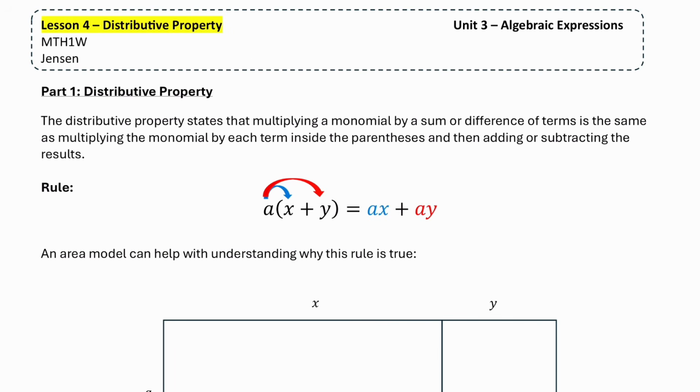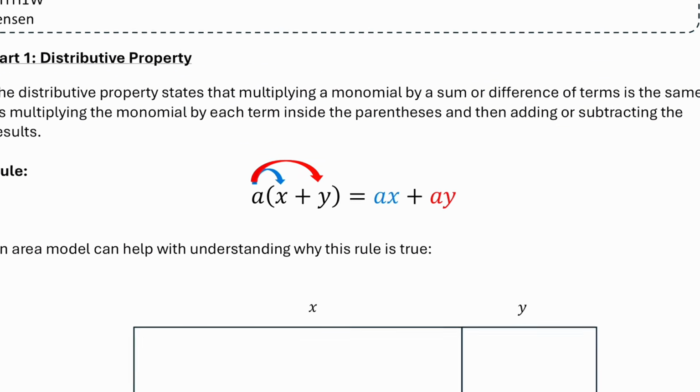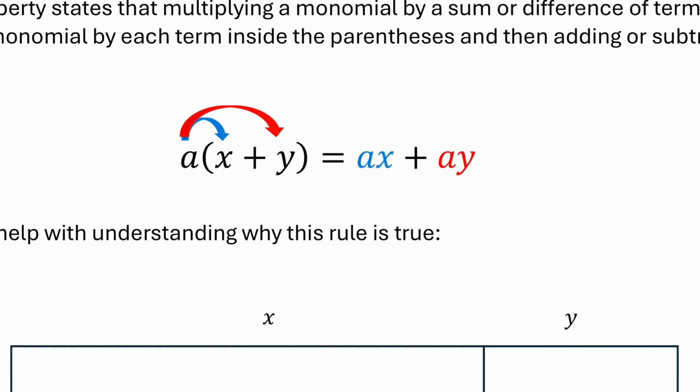The distributive property states that multiplying a monomial by a sum or difference of terms is the same as multiplying the monomial by each term inside the parentheses and then adding or subtracting the results. So if we zoom in on this rule here, we have a monomial, a, multiplied by a binomial, x plus y.